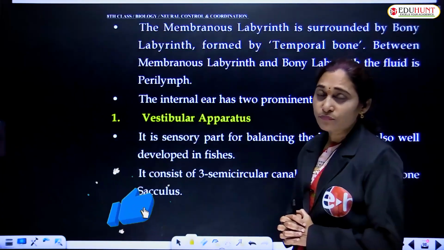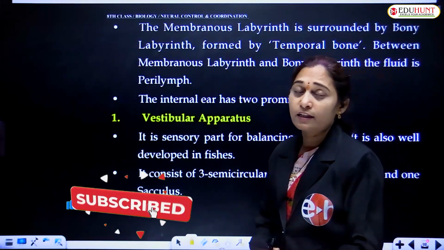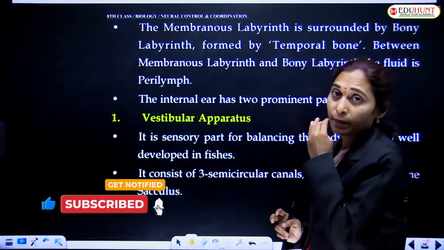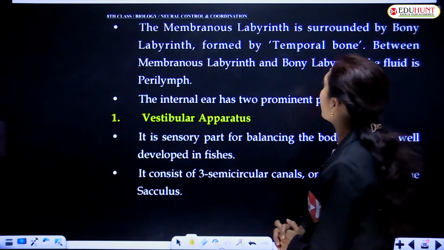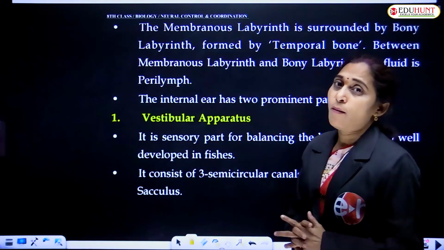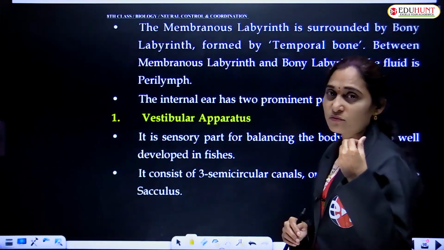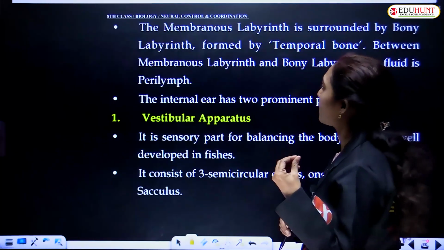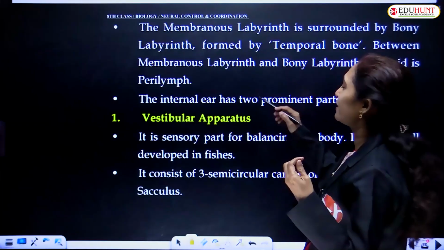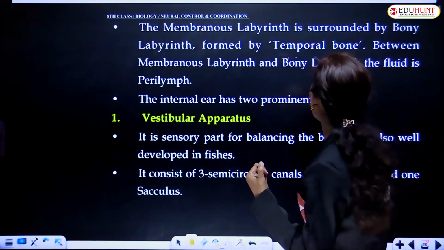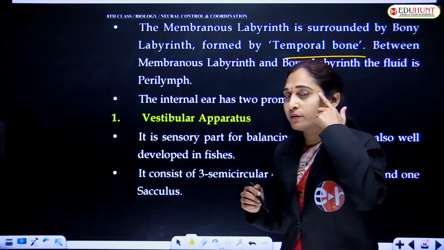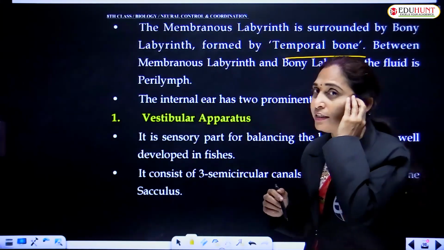This is surrounded by the bony labyrinth, formed by the temporal bone near the ear.